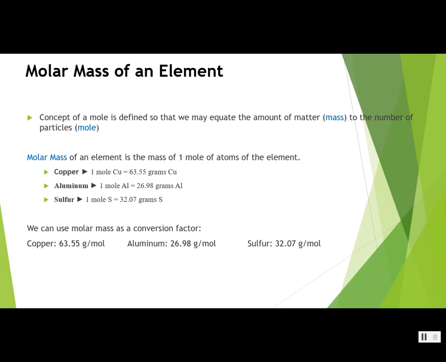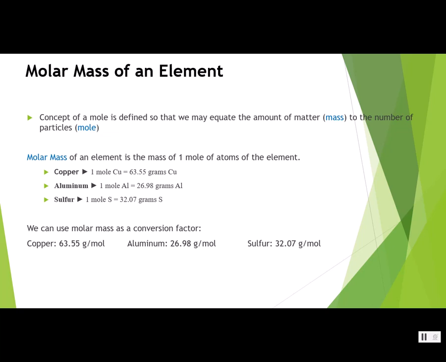For example, copper. You look at your periodic table and you see that the atomic mass of copper is 63.55. If I had 1 atom of copper, the mass of that 1 atom would be 63.55 atomic mass units. We talked about atomic mass units in chapter 2.